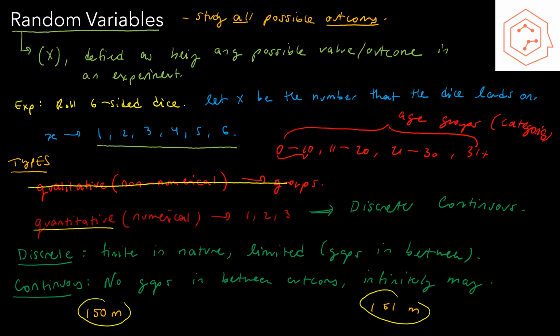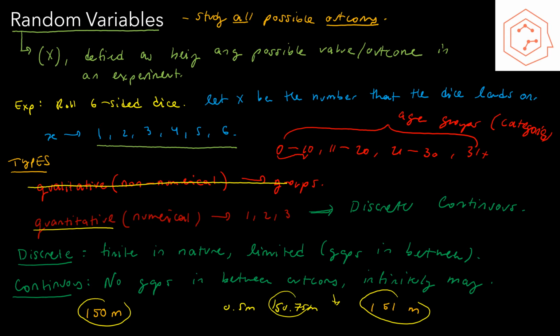So if I want to find a value between 150 and 151, I can find infinitely many. So I could find 150.0001 meters. I could also find 150.001 meters, and I can add infinitely many zeros, and those are all valid values. I could also find a person that's 150.5 meters, another person that's 150.75 meters, and every time I can choose the midpoint between my two closest values and I can find another value.